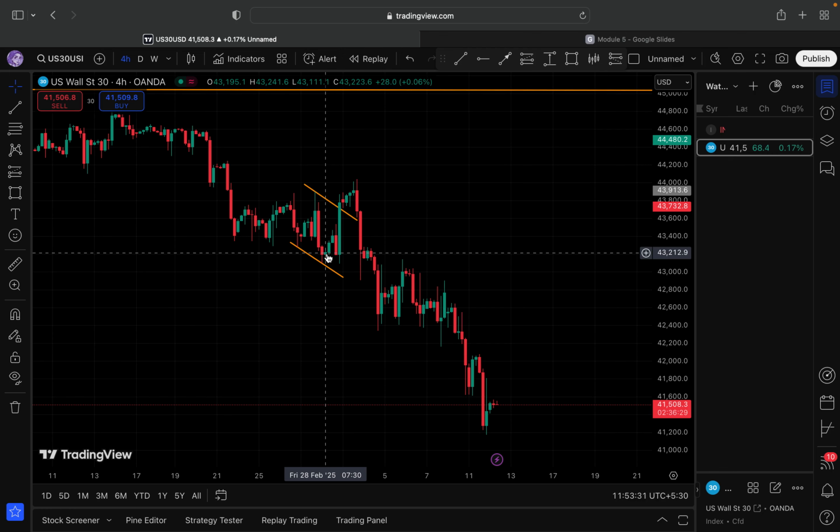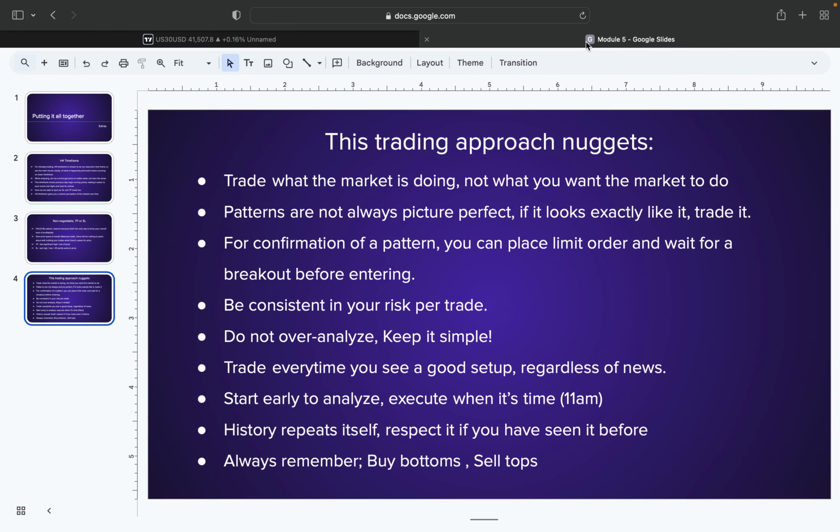You can execute here because the price is already looking bullish, or you can wait till your confirmation time and execute here. So the only time you can execute before 11 a.m. is when price is currently in your direction.